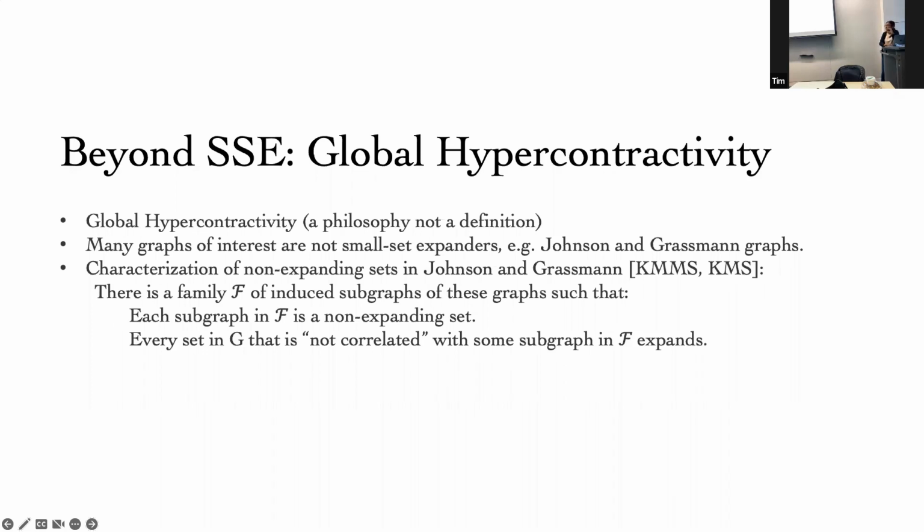So this characterization is saying something like, we have some bad sets, but every other set which is not like the union of such bad sets, or some perturbation of these bad sets, has good expansion. And we will make this notion more formal later.